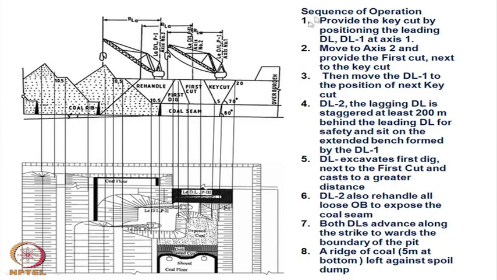So, what are the sequence of operations in a horizontal tandem? Provide the key cut by positioning the leading dragline. That means, this is your leading dragline and this is your lagging dragline. Now, this leading dragline is placed at axis 1 and then moved to axis 2 to provide the first cut.